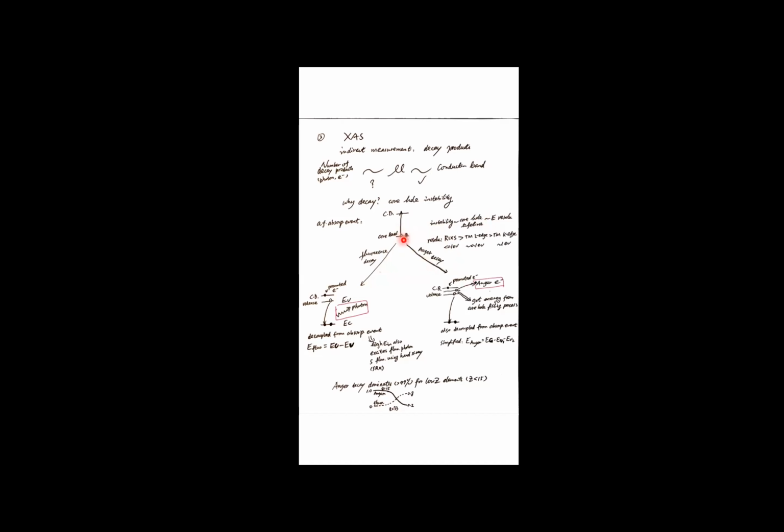For example, if this is a 1s core hole, and a 1s core hole is extremely unstable, which means its lifetime is extremely short. And in the physics picture, an extremely short lifetime means that the energy uncertainty is very large.